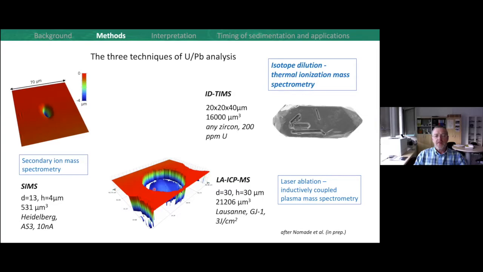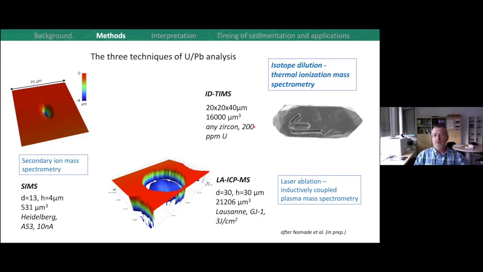Then there is another method, which is called laser ablation ICPMS, inductively coupled plasma mass spectrometry. So your primary beam in this case is a laser, in the other case an ion beam. You make big holes, you analyze quite a large volume, goes very fast. So these are two spatially resolving methods, but they're both low accuracy and low precision. Here because we analyze very little, here because just the whole setup is very simple. This is not done with equipment which is capable of providing precision.